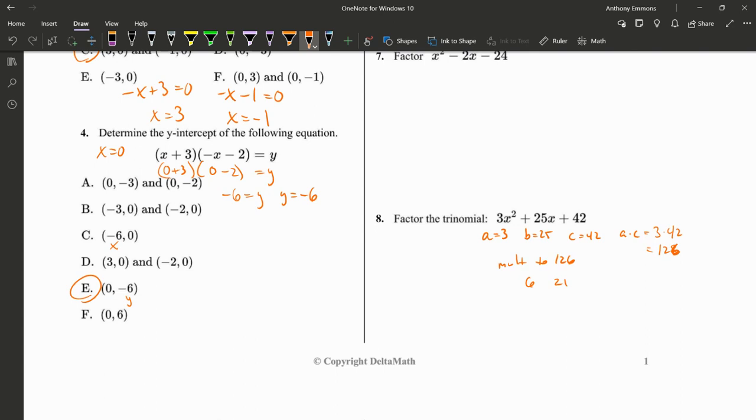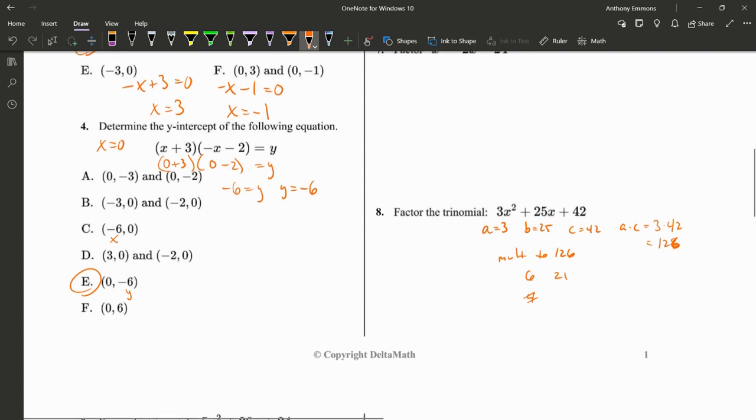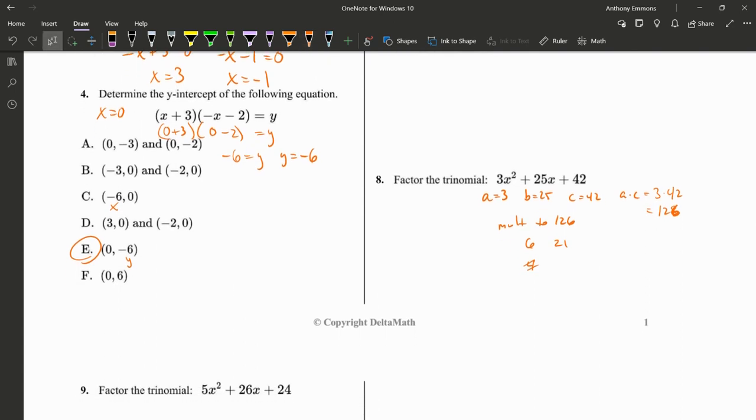Oh, man. How about 4? Nope. 4 and 30, that doesn't even work. 5, 6, 7, 8. Does 8 work? No. 9 might work. I'm totally blanking. 14?